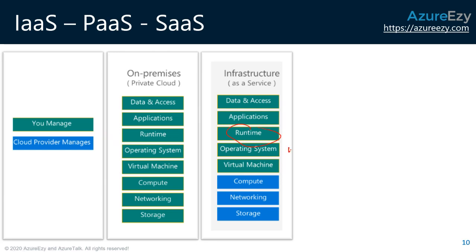You must have the Windows operating system. You must have some applications. If it is a .NET application, or if it is something else, a Java application, then maybe a jar file, or in case of .NET, it will be some exe or MSI, or DLL files in case of libraries.